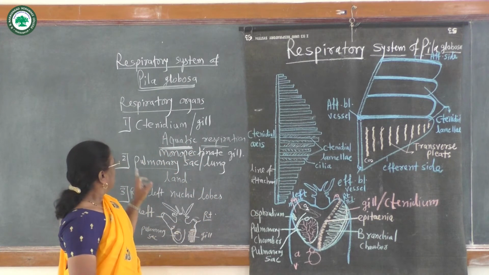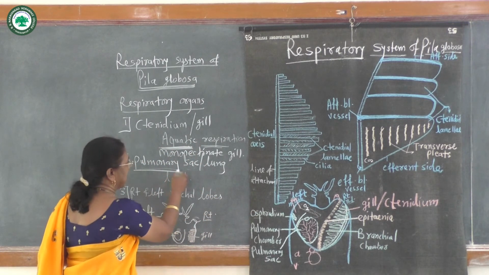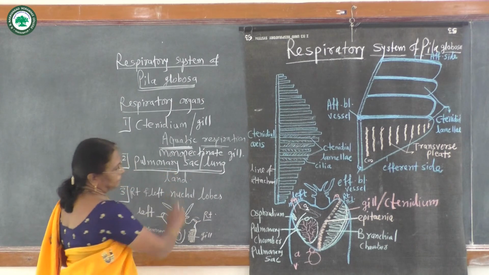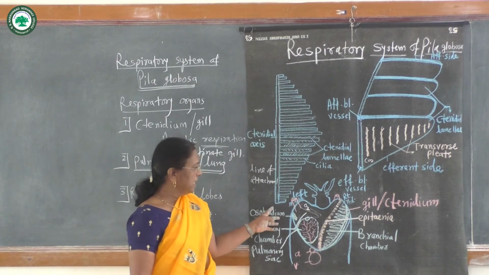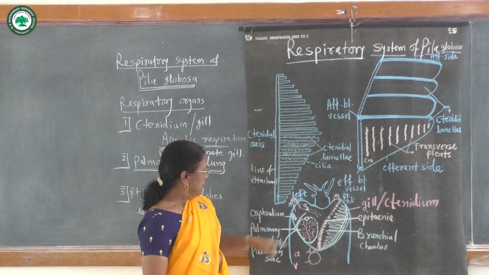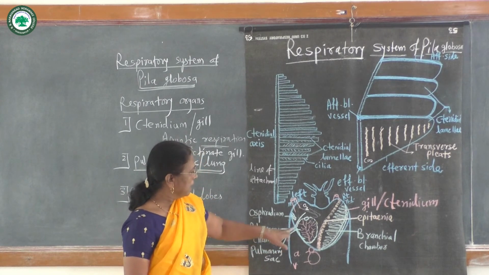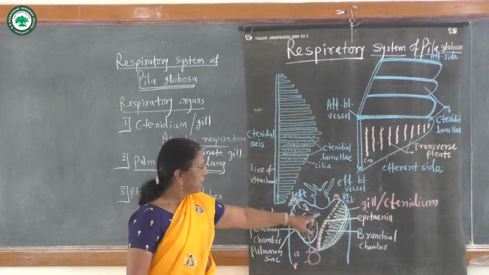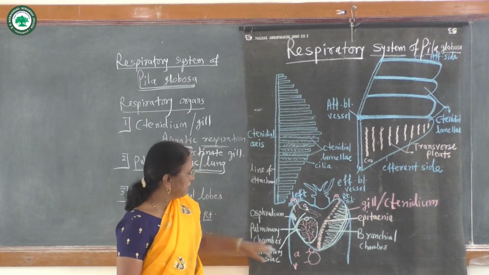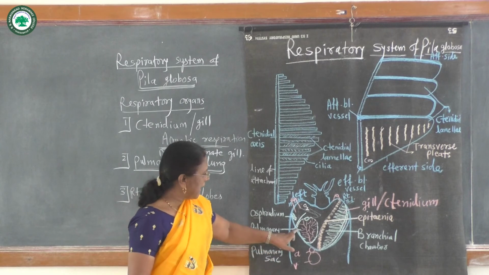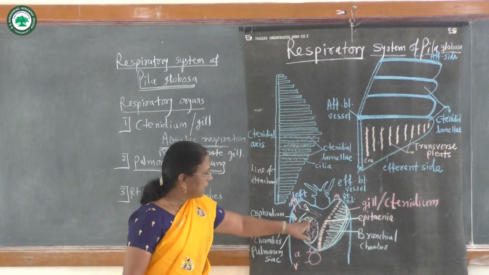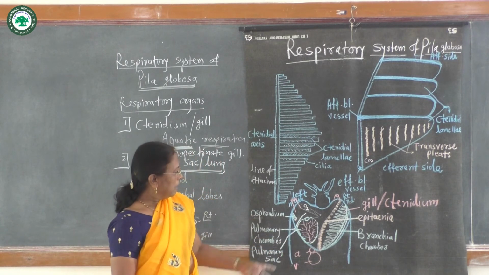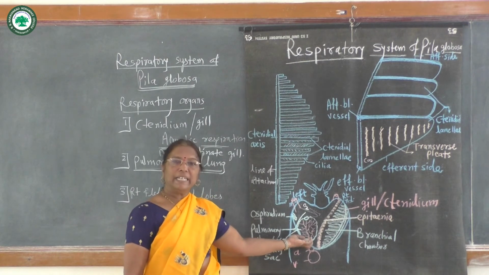Then second, the pulmonary sac or lung. We will see here. The pulmonary sac or lung is present in the pulmonary chamber. This pulmonary sac is nothing but a modification of the mantle itself.